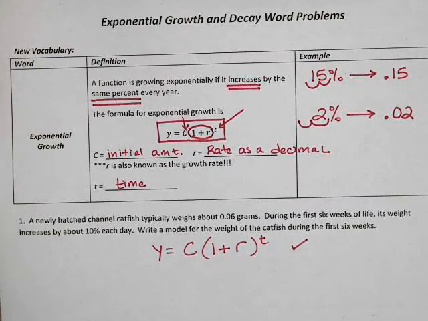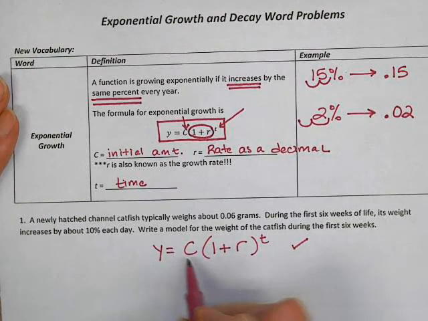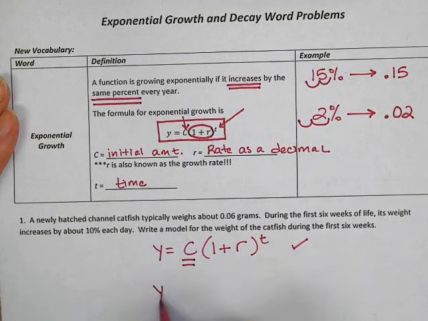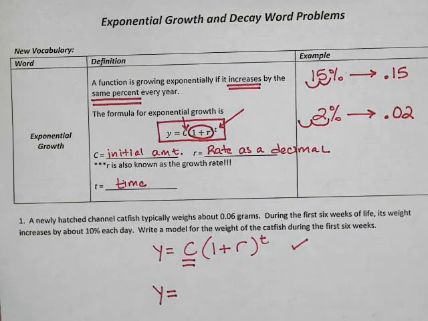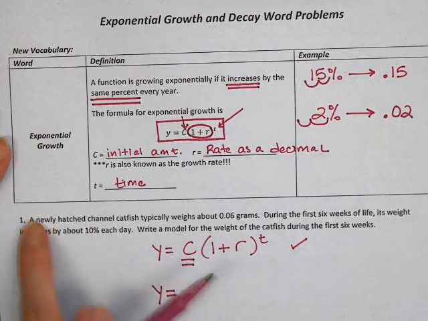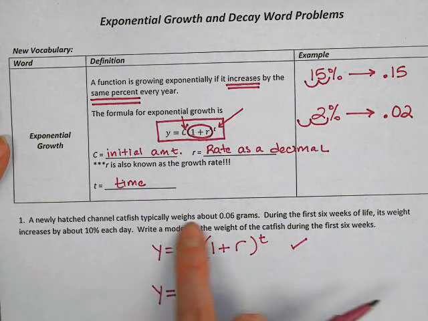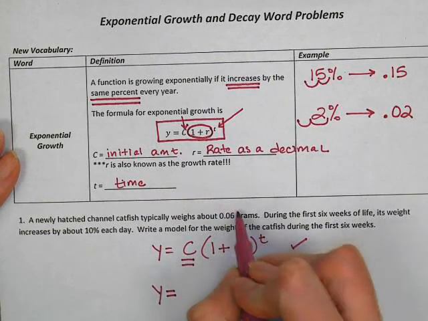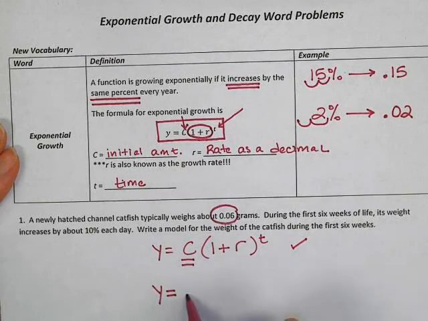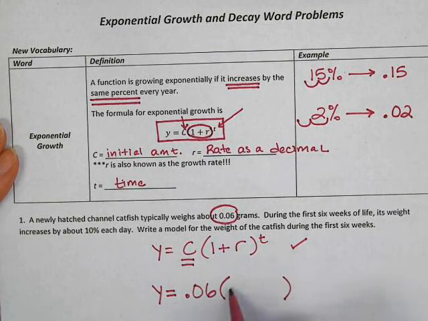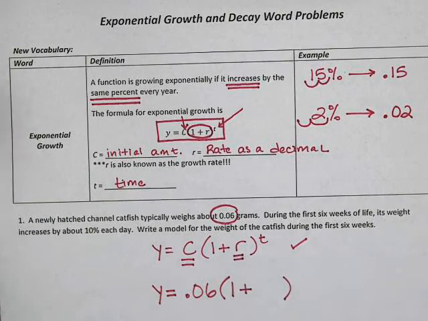Let's see what we know. So what's the initial amount? How much does this catfish weigh when it's born? A newly hatched blah, blah, blah, 0.06. That is C. That's your starting value. Okay, and then now what's R? It's 1 plus R. R is the growth rate, but written as a decimal.